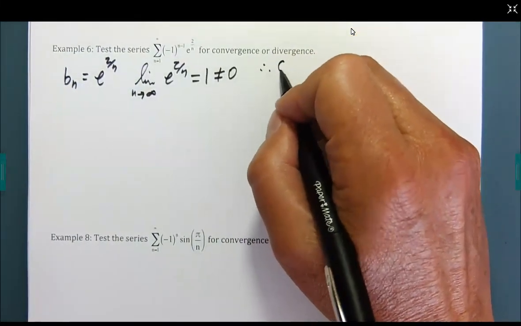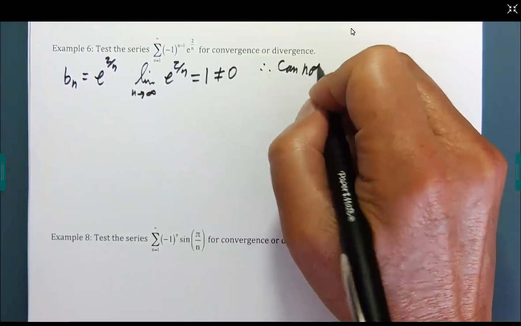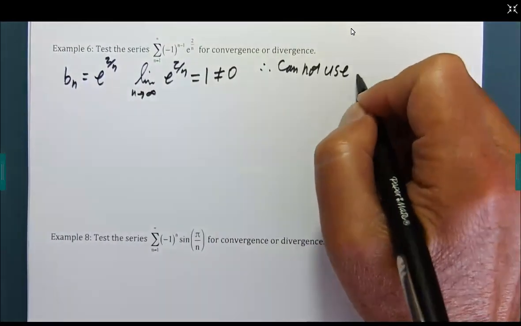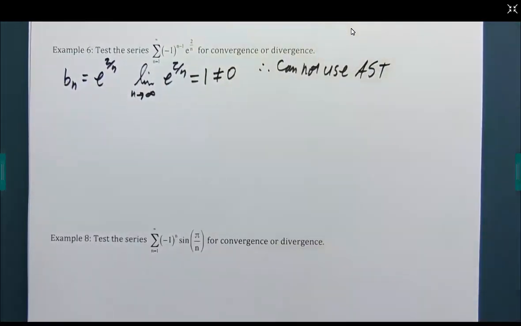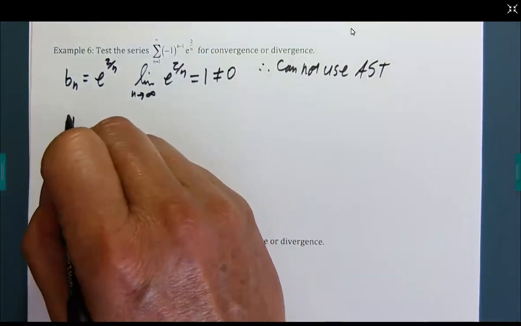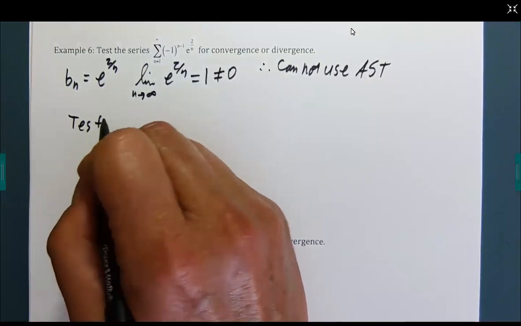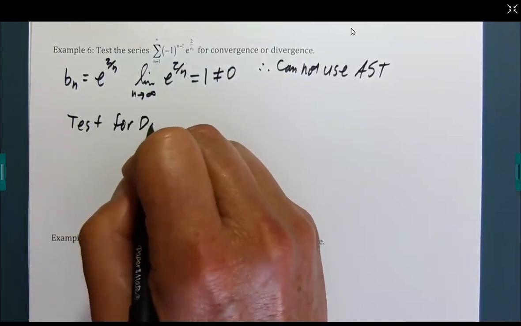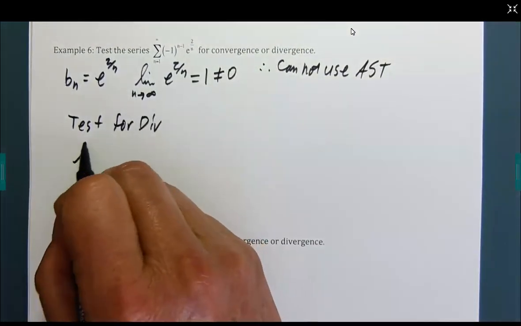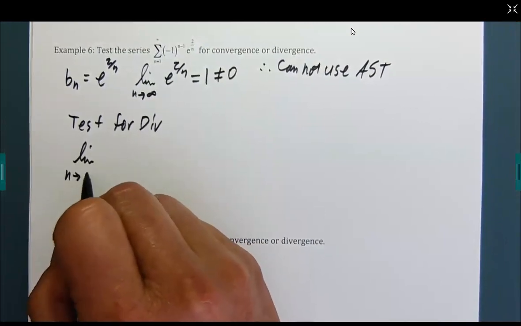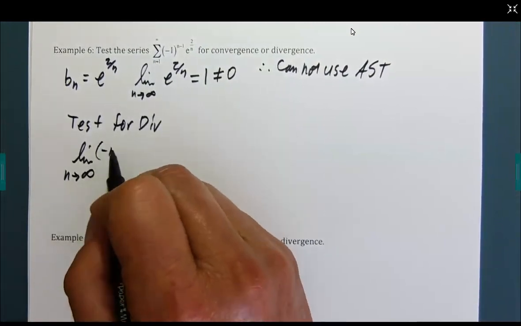So we cannot use the alternating series test. And then the test for divergence. We test the whole thing, including the alternating part.